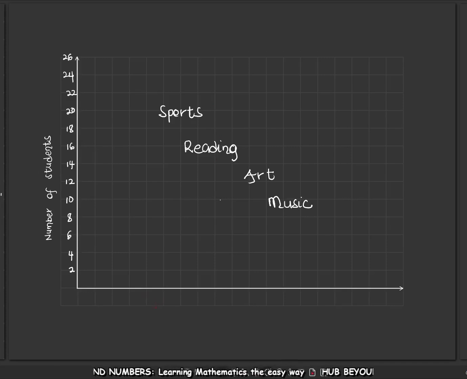But before I move them, one thing you have to note is that bar graphs must all be what? Evenly distributed. If you are using 2 squares to represent a bar, it should be 2 squares throughout. Hence for my sport, I'm going to put it on the first 2 squares, limiting it only to the first 2 squares.